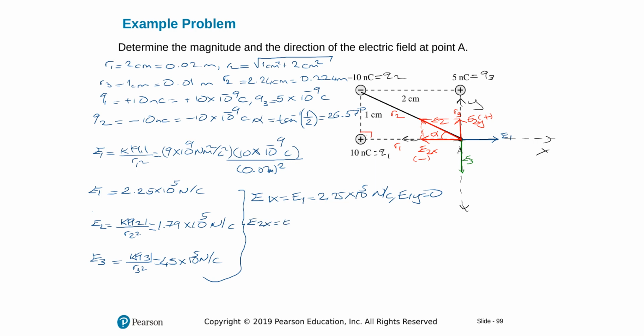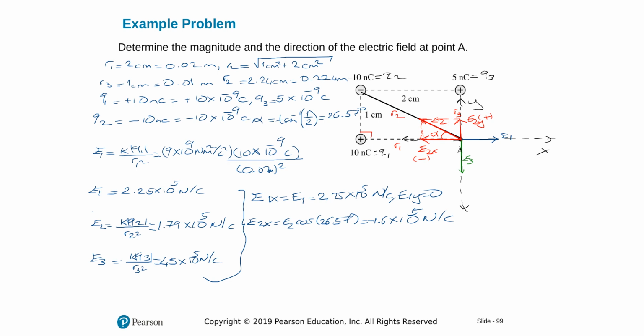E2x will be E2 times cosine alpha, which is this angle there, 26.57 degrees, and that should give us a value of 1.6 times 10 to the 5 Newton per coulomb, and that will be negative because we already defined that E2x is negative.